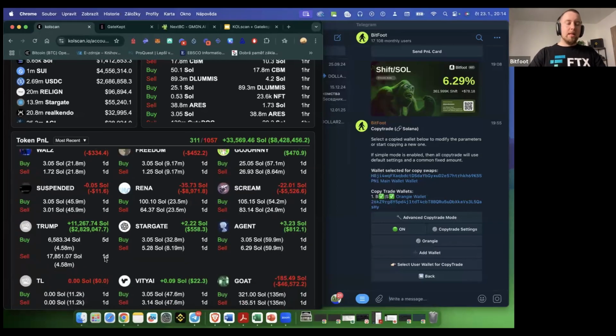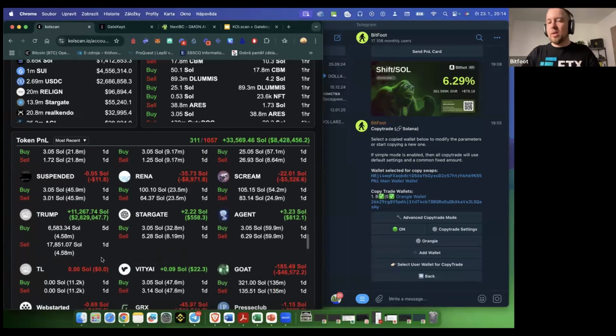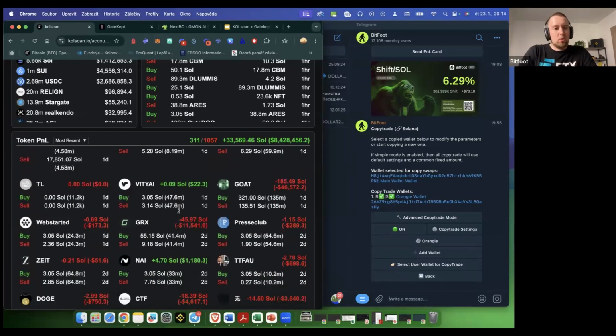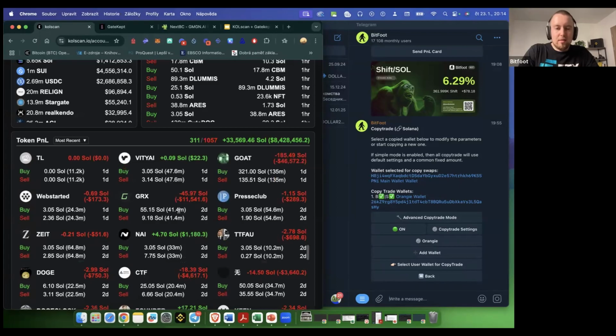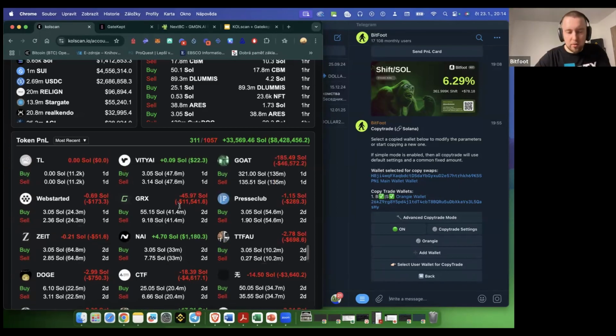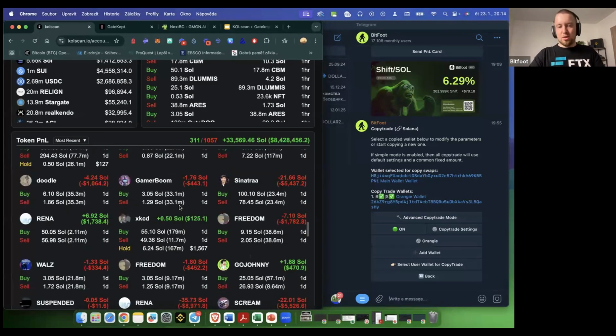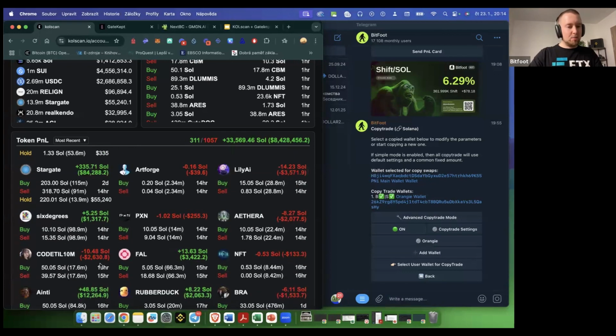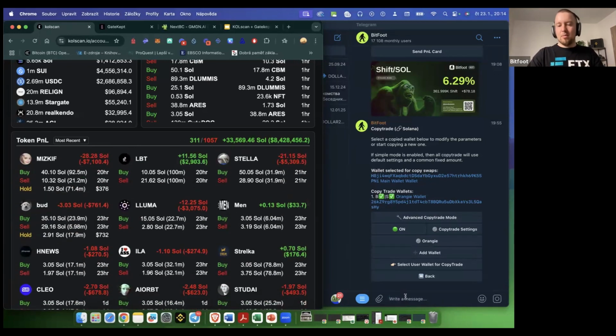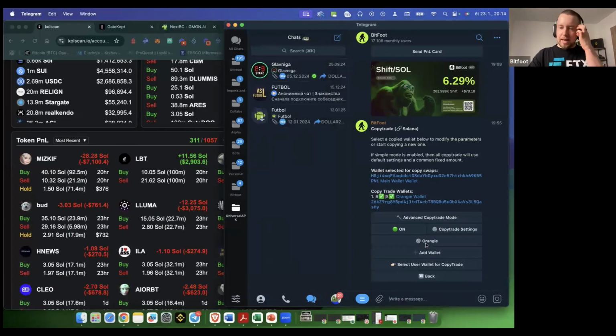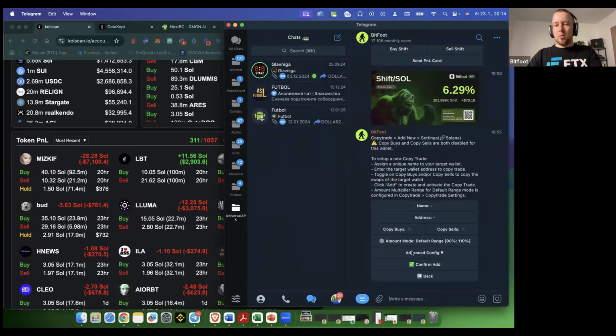So this is why copy trading is not as super easy, because you cannot copy with the same amount of money what he's doing, because sometimes he's putting ridiculous amounts of money. But still, we can try, and let's do another wallet.